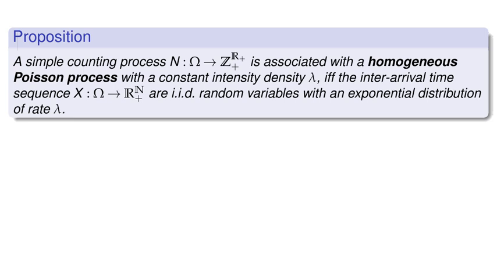Now for a key proposition: a simple counting process N is associated with a homogeneous Poisson process with a constant intensity, density λ, if and only if its sequence of inter-arrival times, X mapping from Ω to R_+^N, are independent and identically distributed random variables, each following an exponential distribution with rate λ.